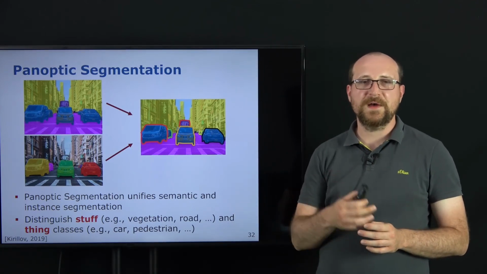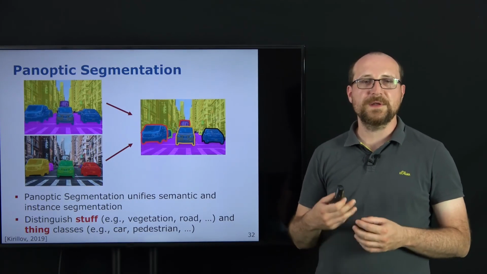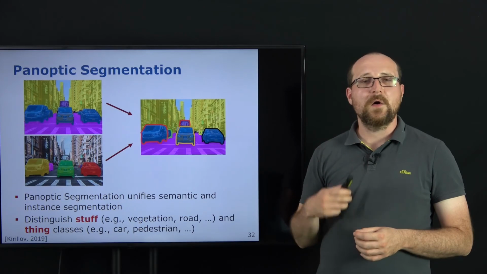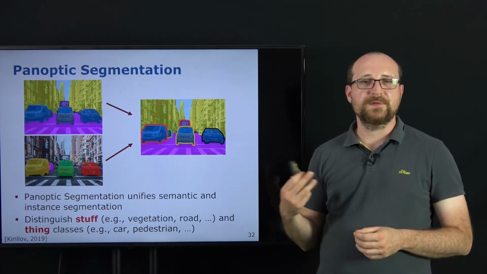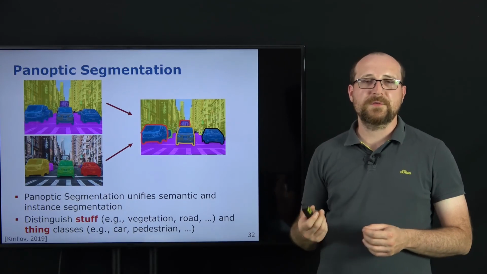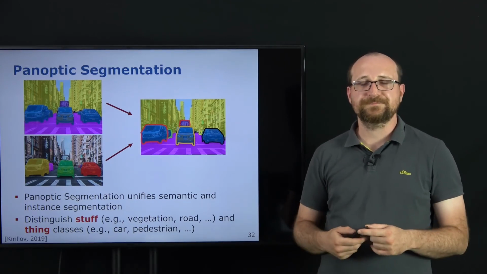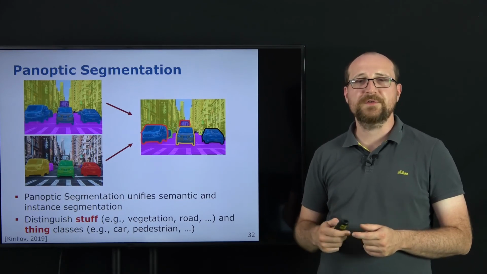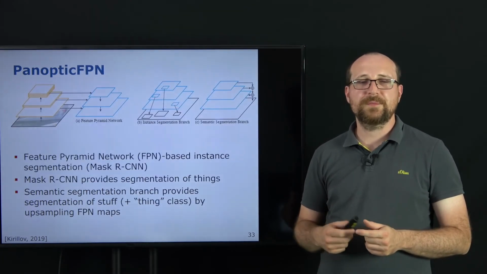And for the stuff, we are interested only in the semantic segmentation. So we are assigning all pixels the same instance in the end. And for the thing classes, we want to also distinguish between different instances. One of the first approaches to do panoptic segmentation was the so-called panoptic FPN.